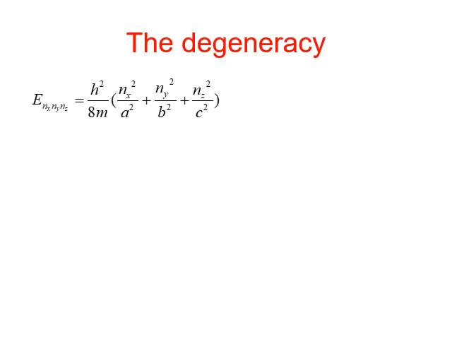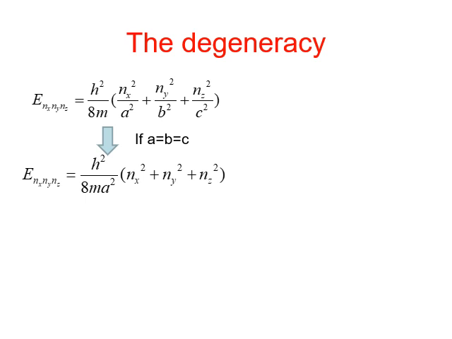Let's look at the equation for the total energy of the three-dimensional box. If the box is cubic, then A, B, C are the same. Therefore, the energy now becomes h squared divided by 8ma squared, times nx squared plus ny squared plus nz squared.